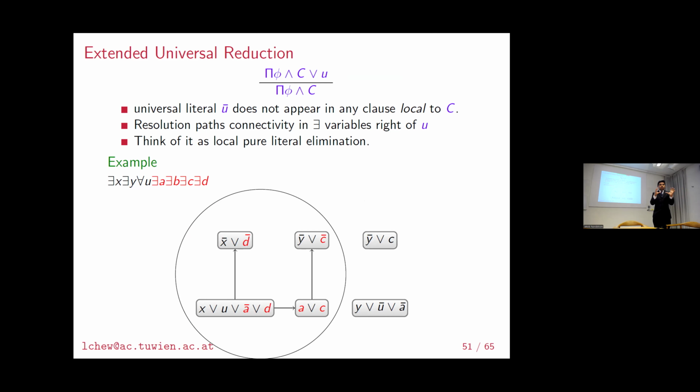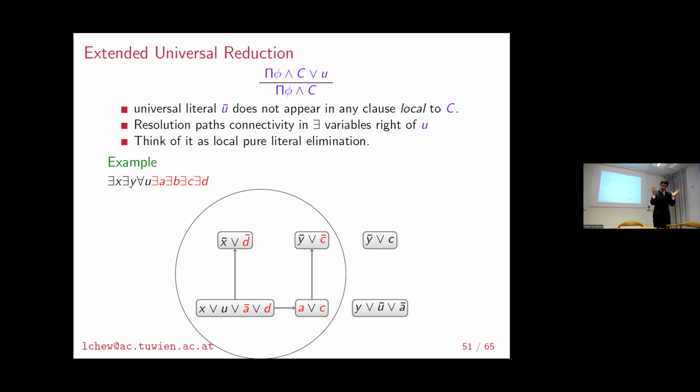The way that we use resolution paths is it's kind of saying that if we assigned all the outer variables before U, we've got a remaining QBF, and if this QBF is false, it has a Q-resolution refutation.